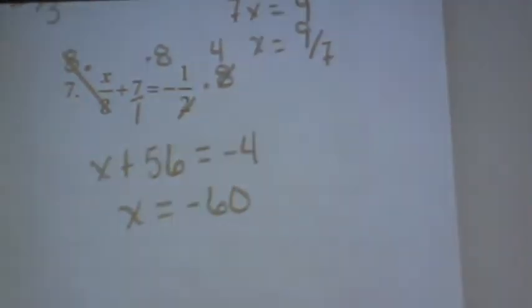And for our third term, 2 goes into 8 4 times. So we have x plus 7 times 8 is 56. And then that equals negative 1 times 4. So subtracting the 56, you get x equals negative 60.